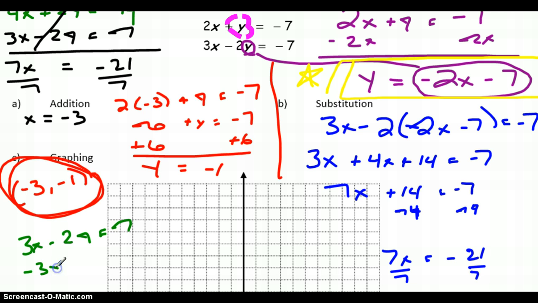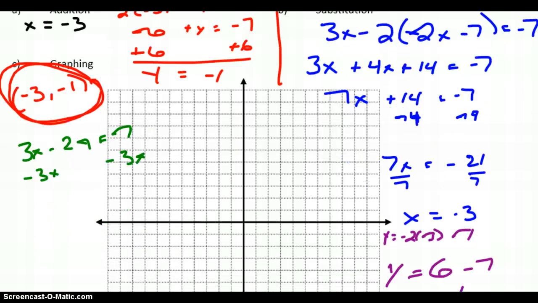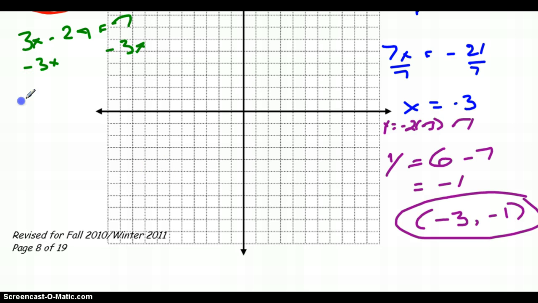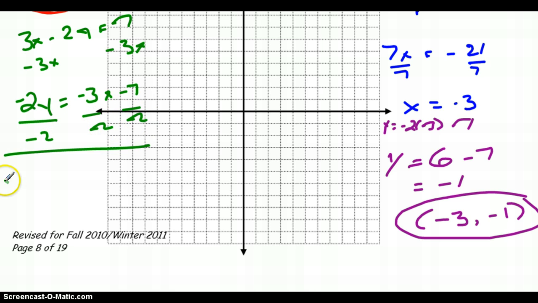So subtract 3x from both sides. Okay. So it's going to be negative 2y equals negative 3x minus 7. Divide by negative 2, negative 2, negative 2. And in this one, y equals 3 halves x plus 7 halves.